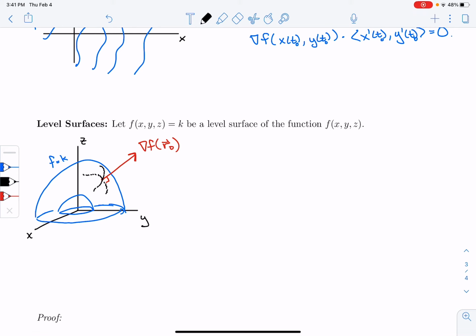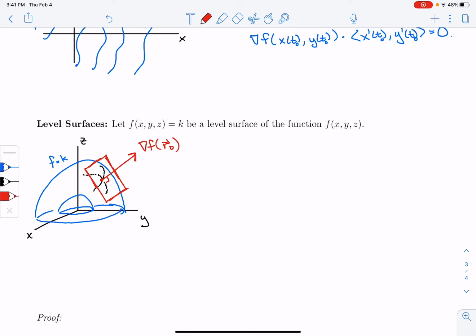So the gradient is going to be perpendicular to any curve that lies on that level surface. So it's going to be perpendicular to the entire level surface. And if it's perpendicular to the entire level surface, it turns out that it's going to be perpendicular to the tangent plane to that surface. So if we drew a tangent plane at that point, the gradient is going to be perpendicular to the tangent plane to that surface.